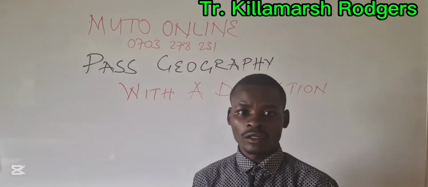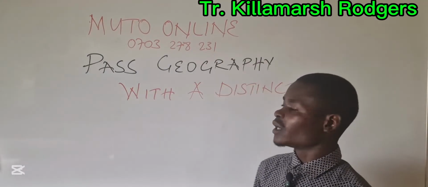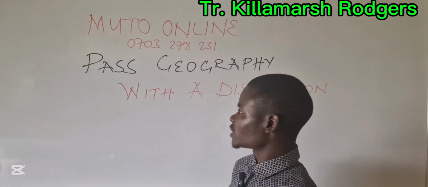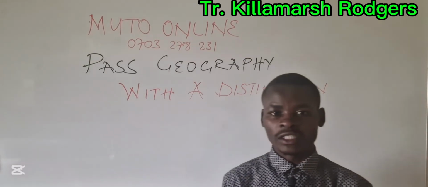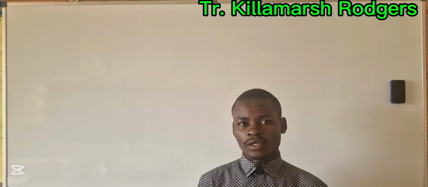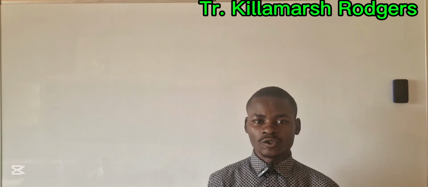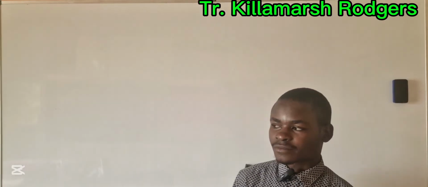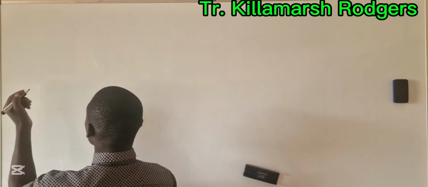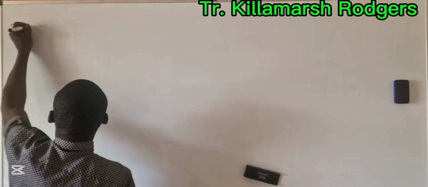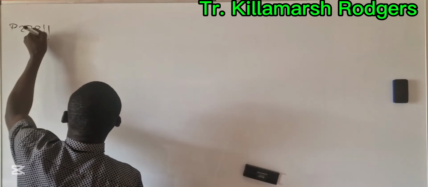So today in this video, I'm going to take you through the structure of Geography Paper 1 for the new lower secondary curriculum, or you can call it the competency-based curriculum. The paper code, of course, has not changed, and it is P273/1.